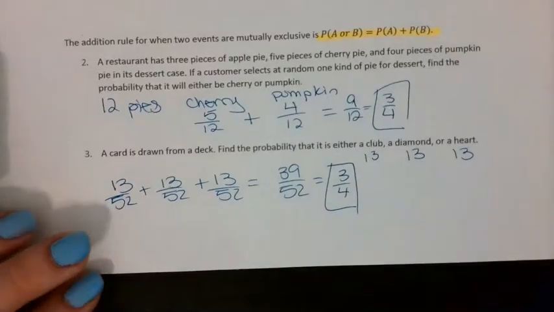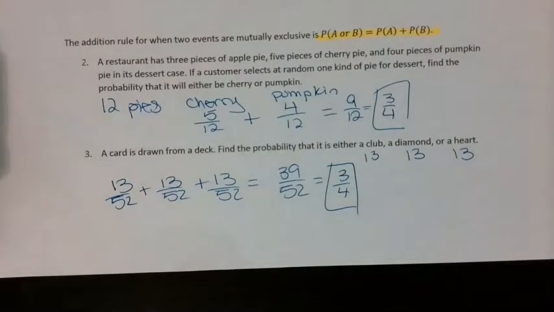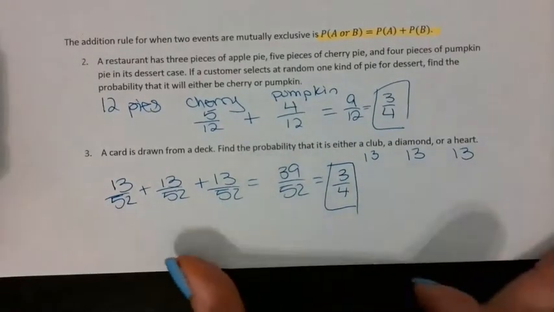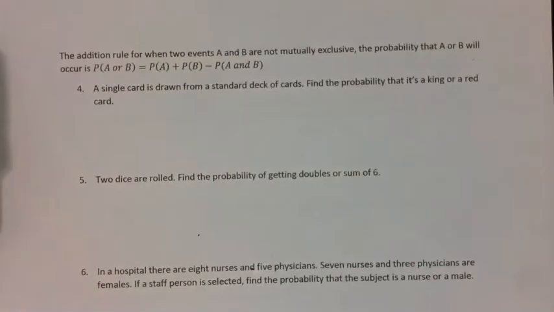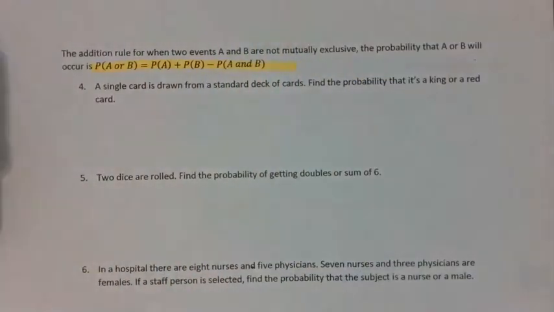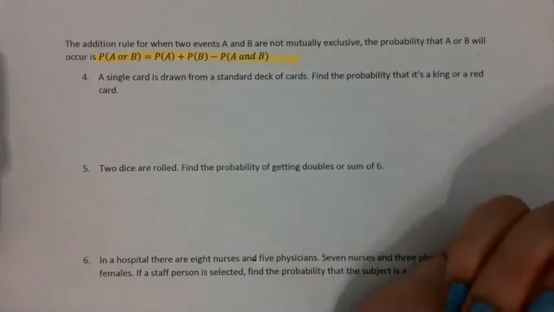So then when two things are not mutually exclusive, so they can both happen at the same time, I use this formula. So I add them together and I subtract the piece that overlaps. So I want to find the probability that I draw a card that's either a king or a red card.